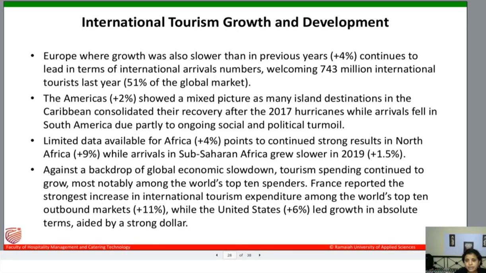Africa's growth we can see is 4%, North Africa 9%, and then there was tourism expenditure among the world's top 10 outbound markets. France reported 11%. France is one of the top 10 places highly visited by international travelers, and the United States saw some 6% growth, which is very high.